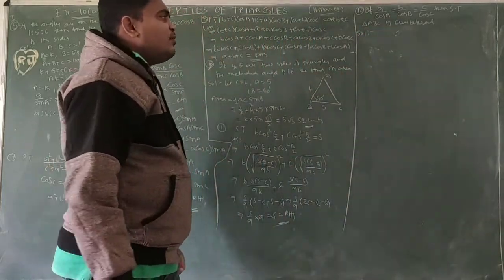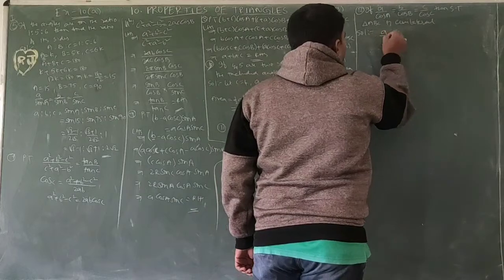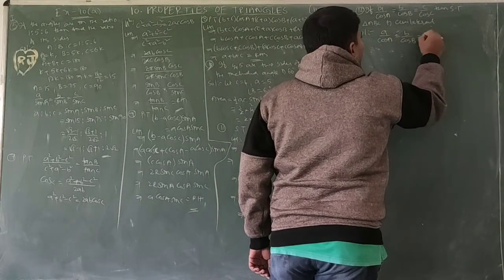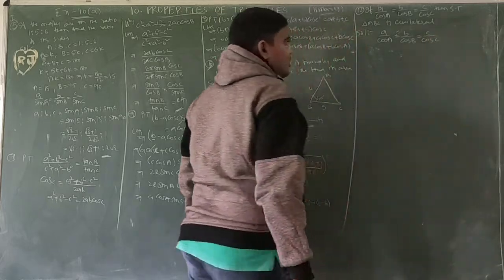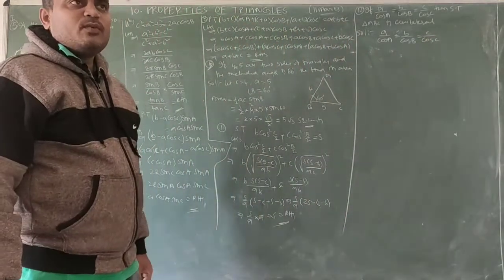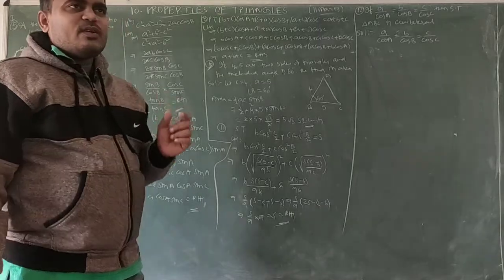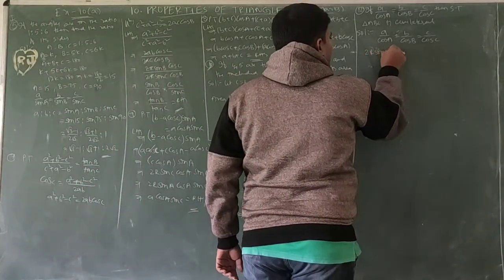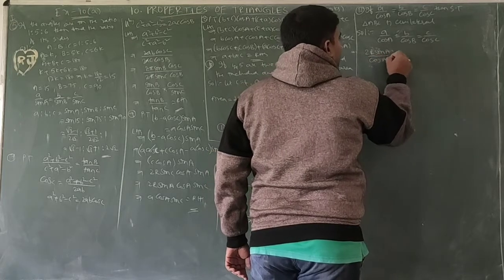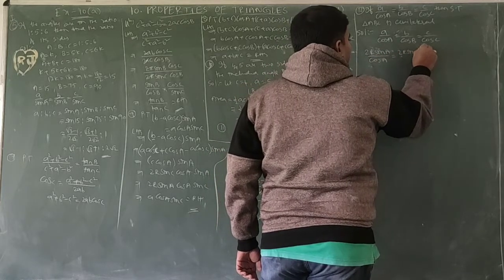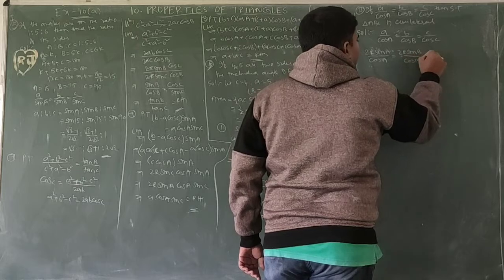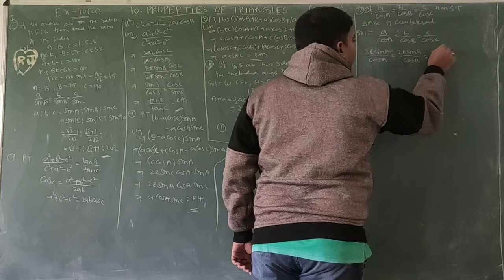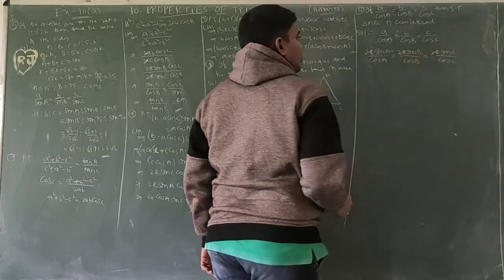So first the given information: a by cos A equal to b by cos B equal to c by cos C. a equal to 2R sin A, so 2R sin A by cos A equal to 2R sin B by cos B equal to 2R sin C by cos C. So all 2R's cancel.